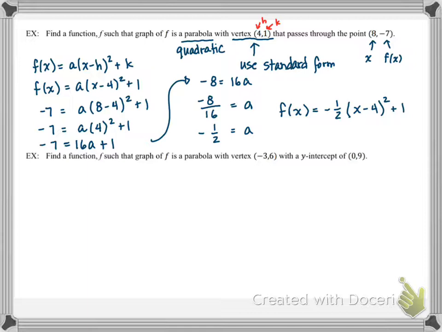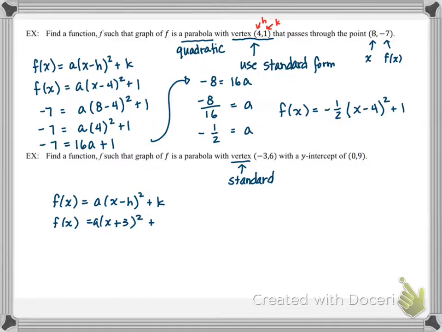So I want you guys to try the last one. I'm going to write f of x equals a times x minus h squared plus k. Similar to how we used negative b yesterday, you can think of that as the opposite of h. In our case, h is negative 3, so that's going to be a plus 3. So f of x equals a times x plus 3 squared plus k.